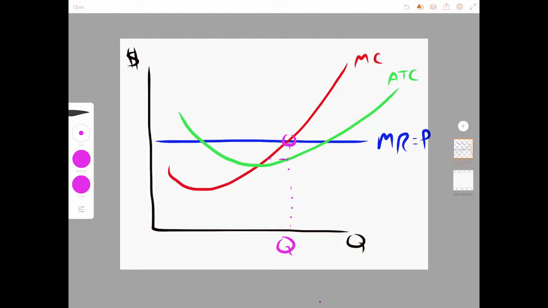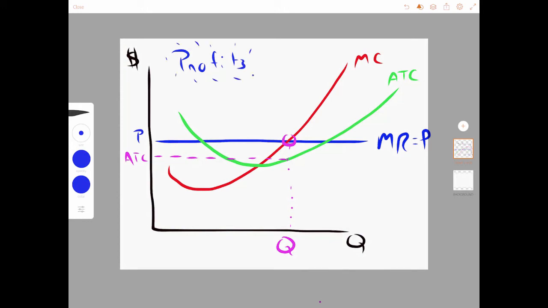If we draw this across, we see that our average total cost is below price. So we know that this firm is earning a profit. This firm is profitable. Yay, we're happy.